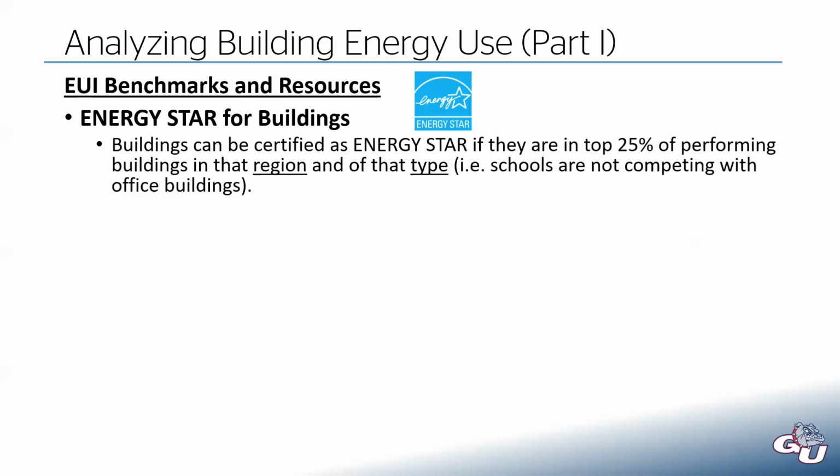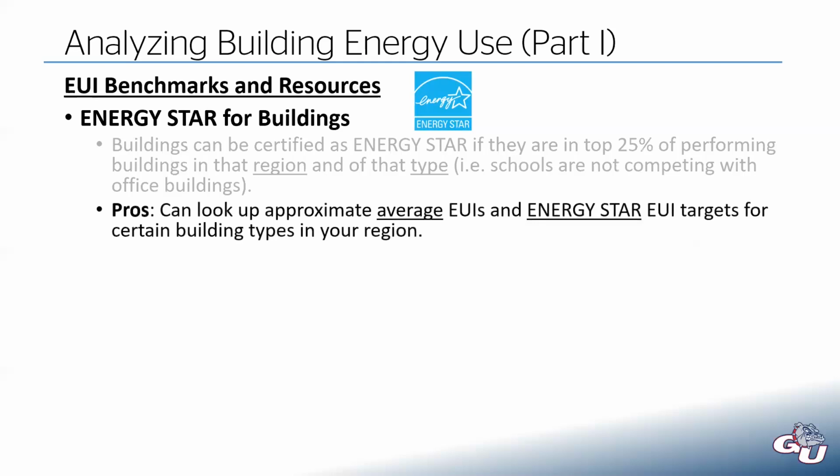So this does take into account the region. That's one advantage. The pros here are you can look up the approximate average EUIs and an Energy Star EUI target for certain building types. And in the homework, you get to do this.